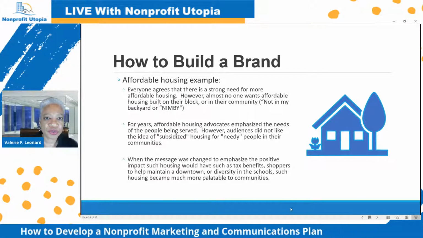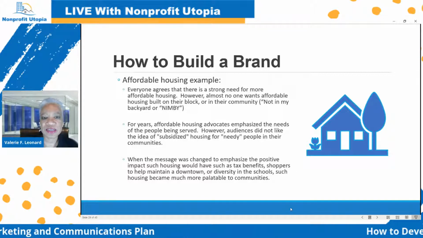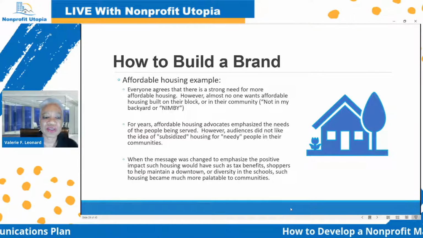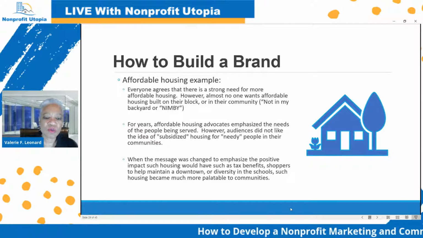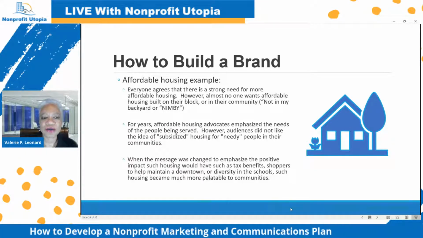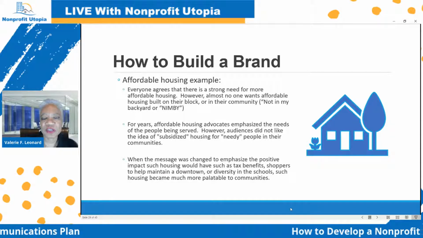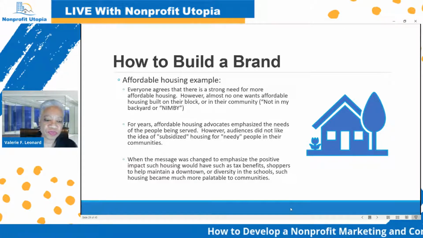But you want to make sure that you're communicating your messages in a way that people can receive them. So when people talked about affordable housing for needy people or subsidized housing, folks in the community were up in arms.